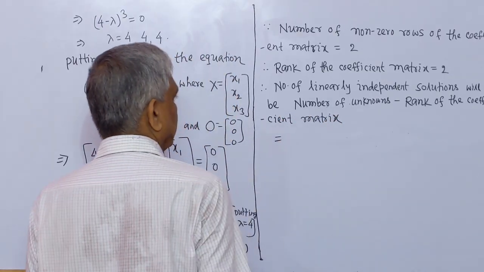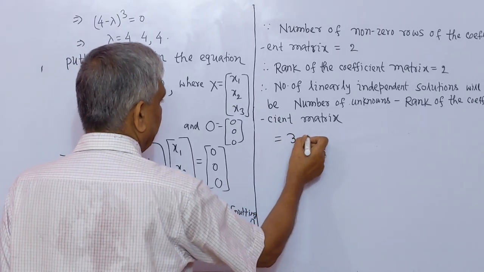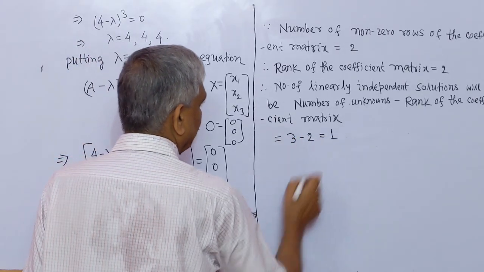The number of unknowns is 3, x1, x2, x3, so 3 minus 2 equals 1.